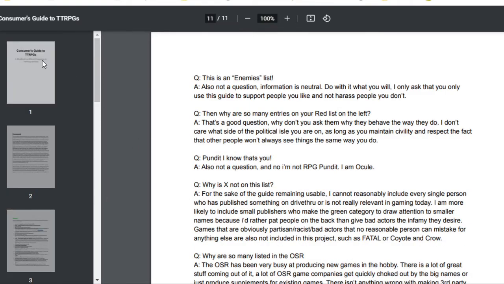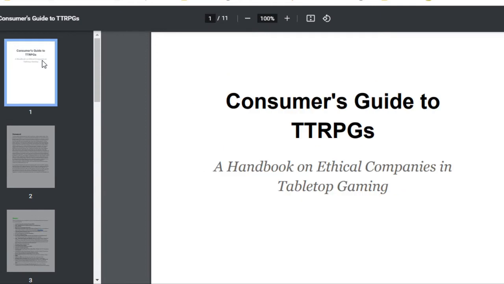In the foreword and the frequently asked questions, they talk about how they were a little disillusioned. They bought books for D&D specifically, I think is the example that they used. And they got really into it, and then they found out that Wizards was really pushing their politics, and it kind of put them off because they felt like they didn't get what they were expecting.